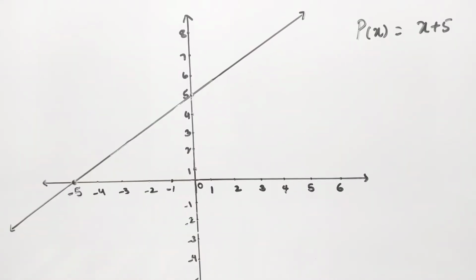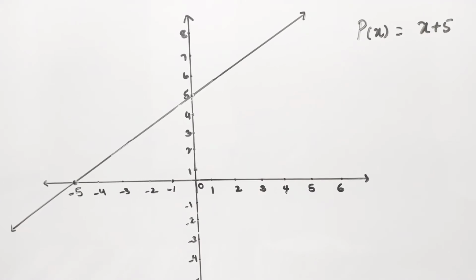Now we also know that the zero of a polynomial is where it cuts the x-axis. If we go back to a linear polynomial graph, p(x) was x plus 5. We said that polynomial looked like this. Where does it cut the x-axis? At this point, x is equal to minus 5. We call this x is equal to minus 5 the zero of the polynomial.